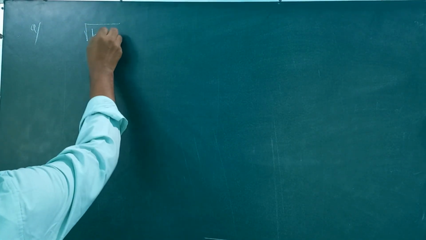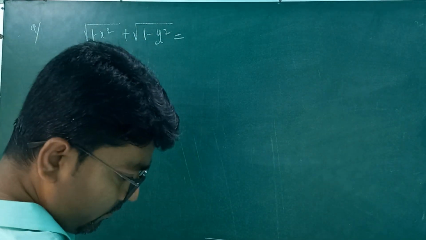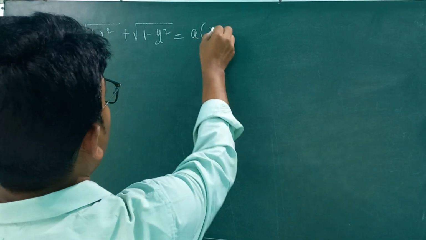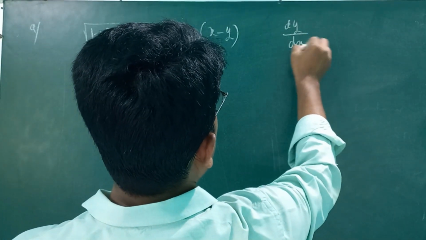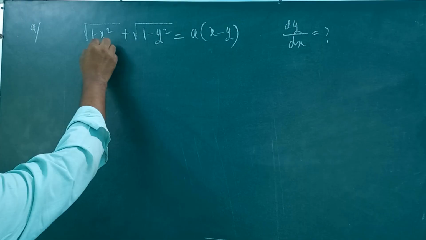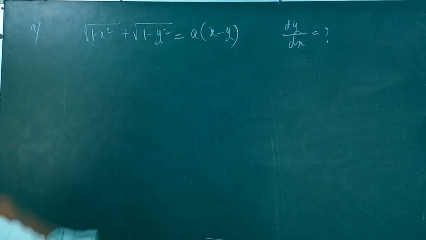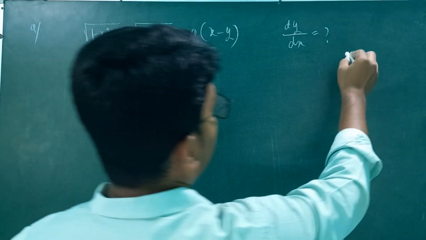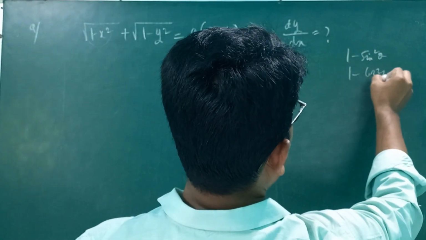Given in this way, root over of (1 minus x square) plus root over of (1 minus y square) equal to a into (x minus y). You have to calculate its derivative. How can we do this derivative? First of all, see this structure, root over of 1 minus x square or root over of 1 minus y square. This structure is very similar to 1 minus sin square theta or 1 minus cos square theta.